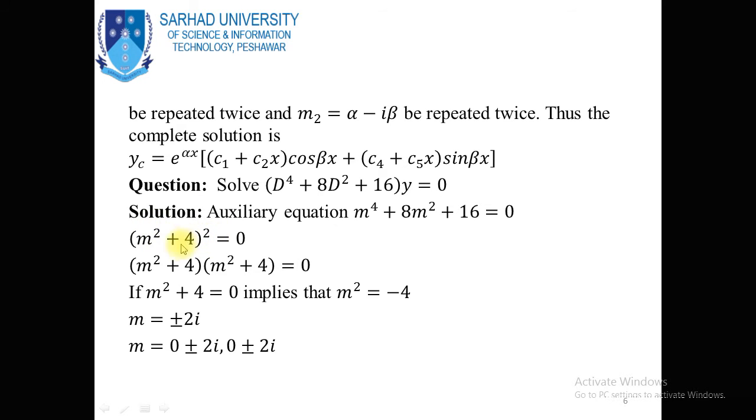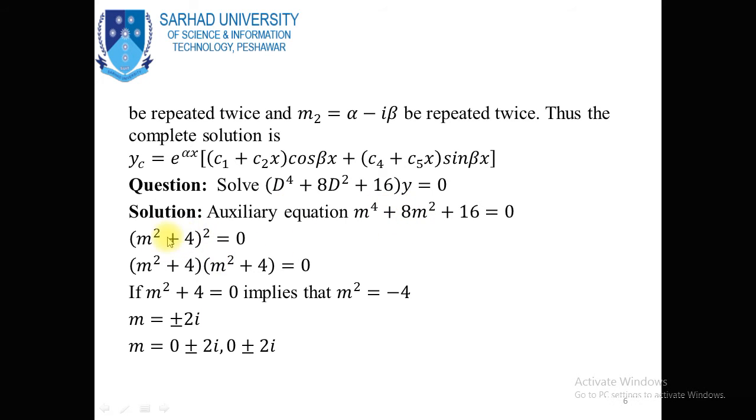If we expand this formula again, we obtain m power 4 plus 8m square plus 16 is equal to 0, because a square, m square whole square, means m power 4, b square, 4 square, means 16, and 2ab, this is actually a and this is actually b, 2 times 4 gives 8m square.